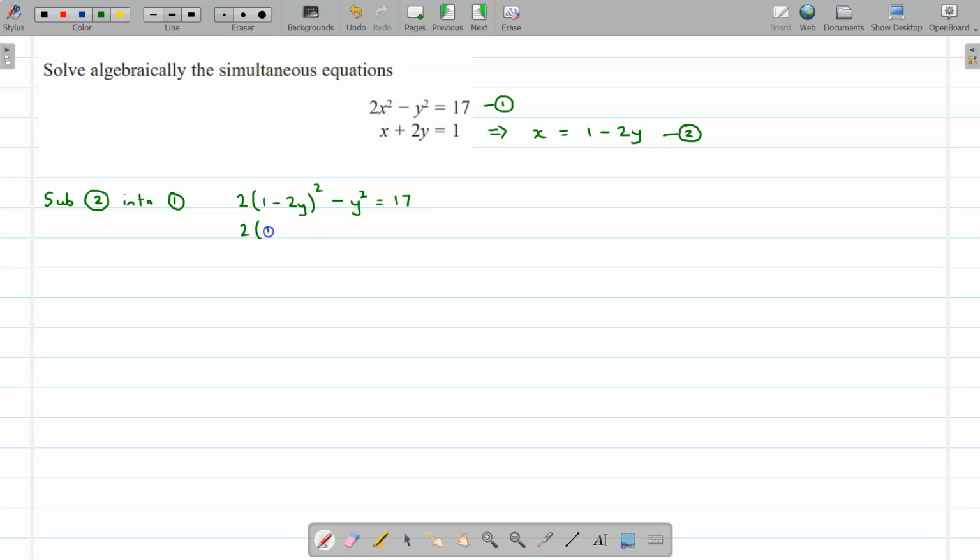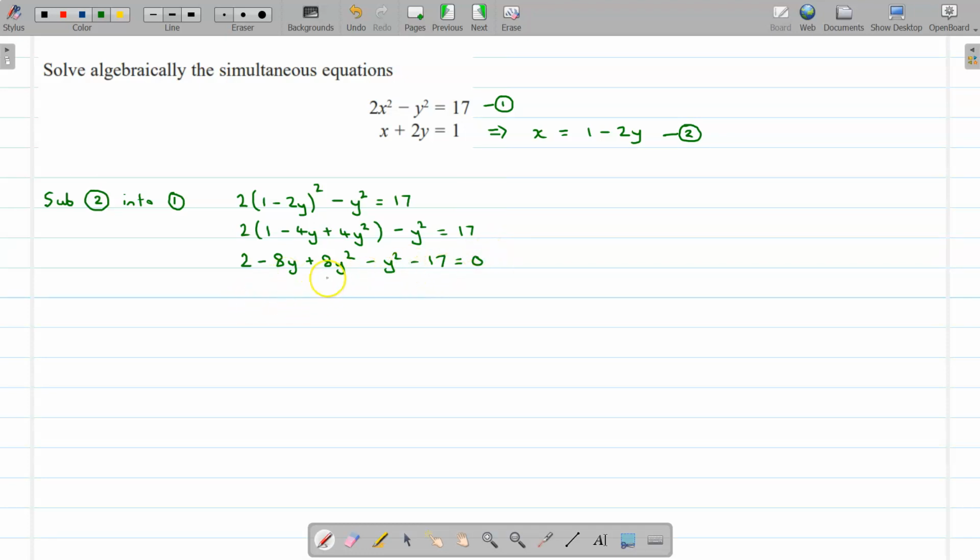That becomes 1 squared minus 4y plus 4y squared, if you square that bracket, minus y squared equals 17. Now, tidy this up or multiply it out. 2 minus 8y plus 8y squared minus y squared minus 17 equals 0, because this is going to be a quadratic in y, you see.